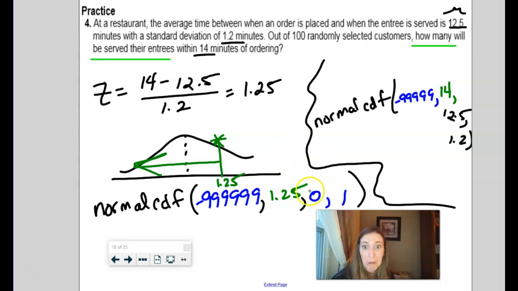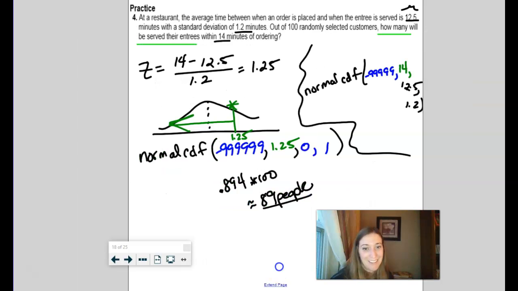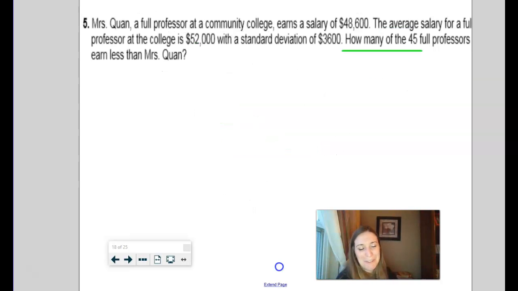That's an easy math problem, right? So if it's 89.4% times 100, that's about 89 people. Again, we might be off by like a person, whatever, close enough. All right, so that's the idea for using your calculator.